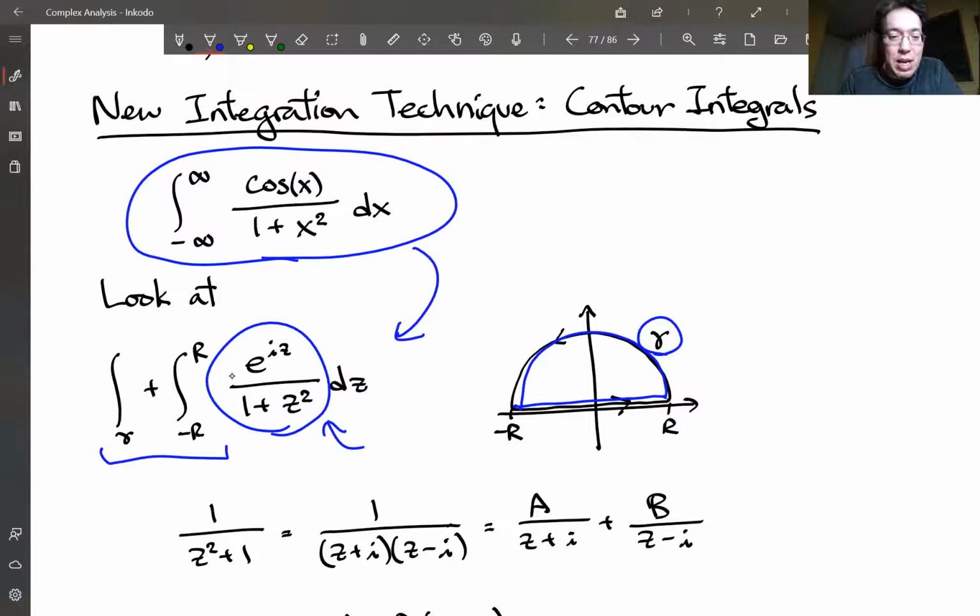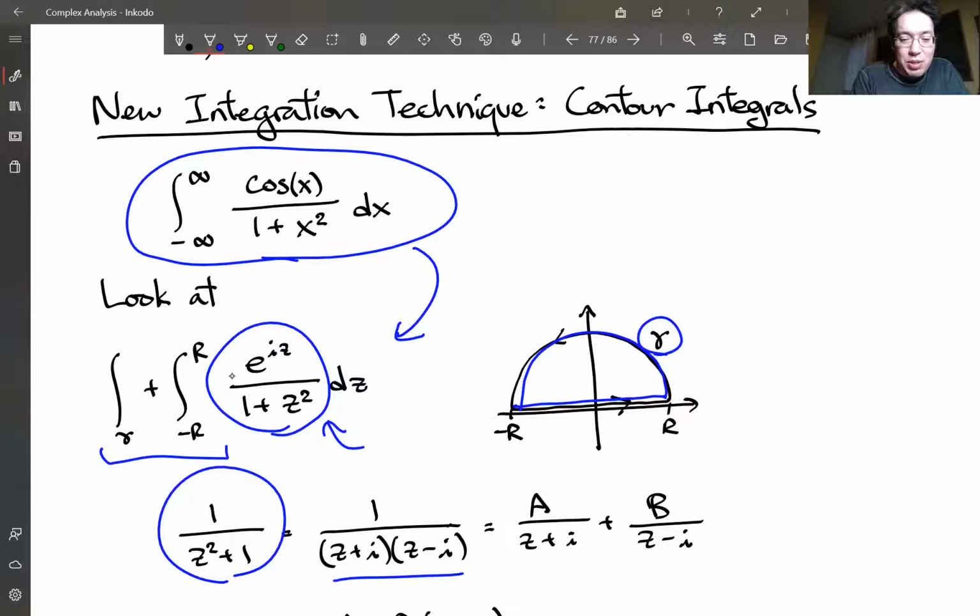All right. So I'm going to rewrite the denominator a bit. Instead of writing 1 over 1 plus z squared, I'm going to factor it. z squared plus 1, or x squared plus 1, usually doesn't factor with real numbers, but with complex numbers you can. This is a difference of squares, z squared minus i squared, right?